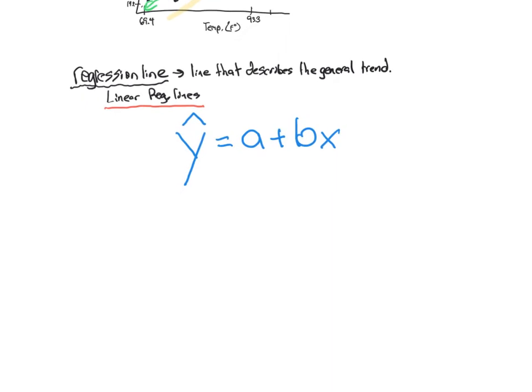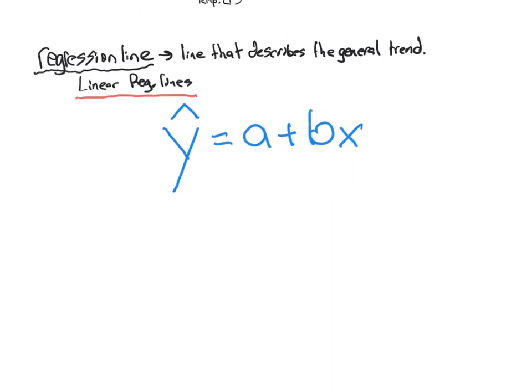So let's talk about the different parts of this regression line, right? Anytime that you put the little hat above the y, we're talking about the predicted outcome. So the hat means predicted, right? Super duper important that you don't forget that little hat on top of there, okay?